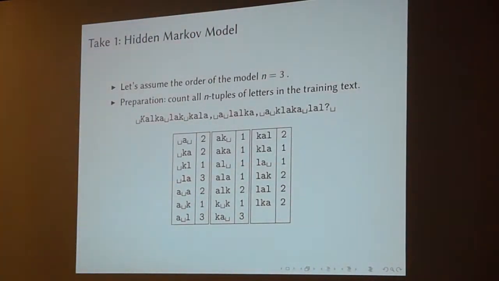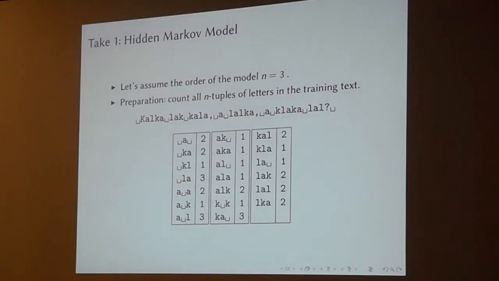Let's assume a number n that will be called the order of our model, and take some training text. This is, let's say, a Polish sentence that uses only 3 letters, so the combinations nicely repeat.